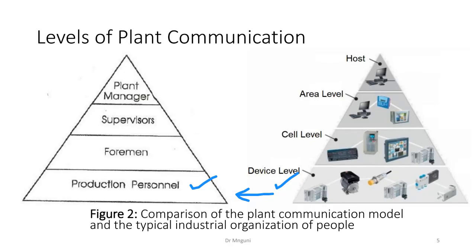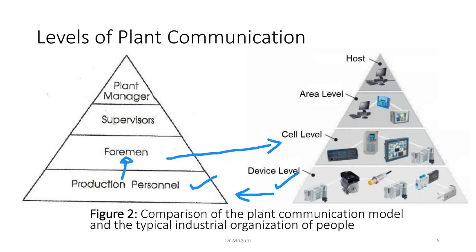And then these general workers need to report to what we call a foreman, okay? And in this case, a foreman, we can actually refer to as the cell level, okay? Now, the foreman oversees what different groups of production personnel are doing, which I will explain later on when I'm referring to the pyramid on the left.